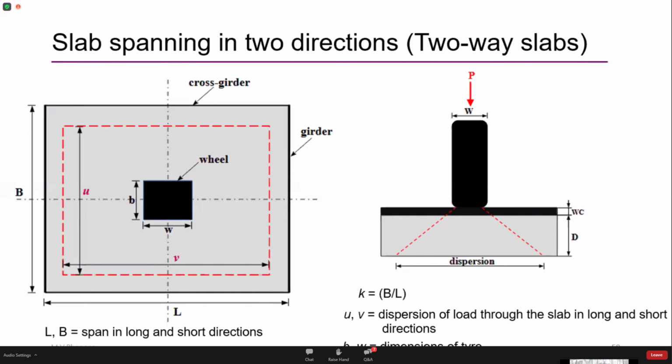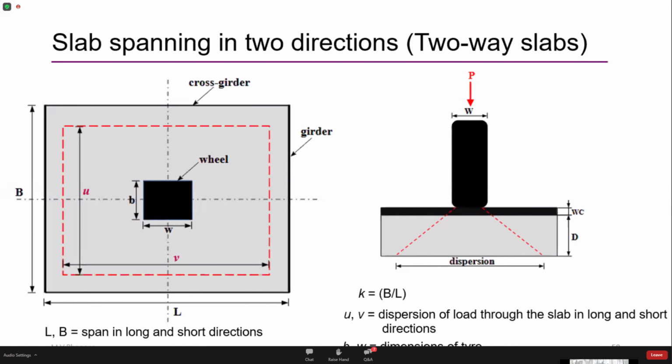Based on these conditions, Pigeaud has given some charts wherein we can calculate the bending moment coefficients. Those coefficients depend on a couple of factors. The first is the aspect ratio K, that is the ratio between B and L, and the u/B and v/L ratios.